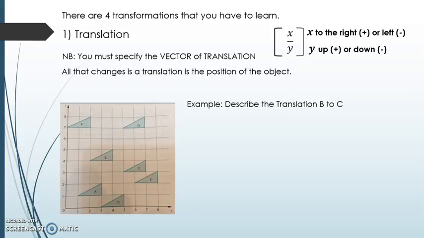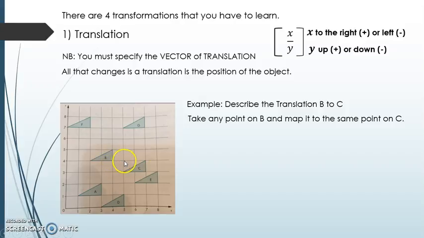Describe the translation triangle B to triangle C. Now, to do this, we've got to take any point on triangle B and map it to the same point on triangle C. So let's take the right angle on triangle B and map it to the right angle on triangle C. How do we get there?